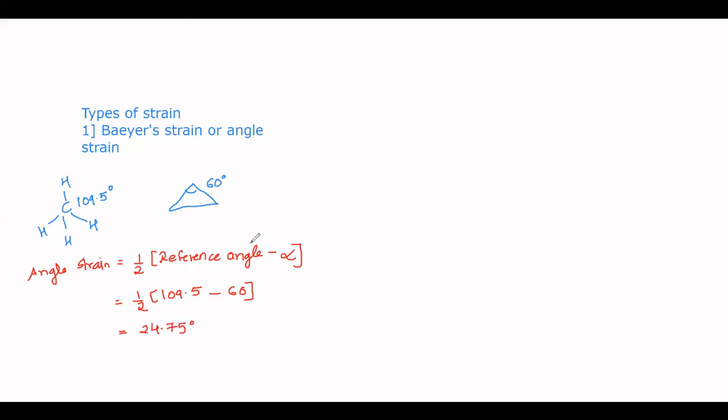But if I calculate this for the cyclobutane ring, over here the angle is 90. So what happens to the angle strain? Half into 109.5 minus 90 degrees. When you calculate this, it comes out to be around 9.75 degrees. So you see, from propane to butane, the angle strain has decreased, because as you go on increasing the carbon atoms, the carbon-carbon-carbon chain goes on opening up.